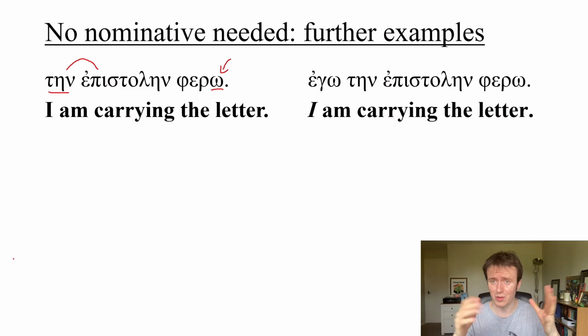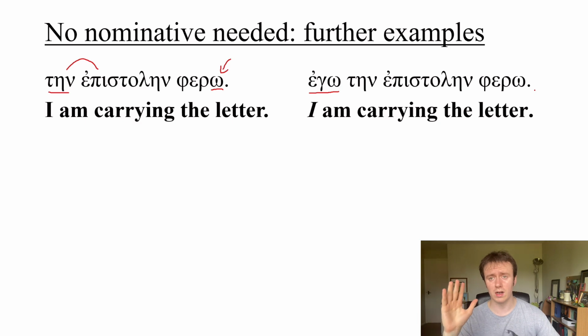When I say they, I mean Greek authors, of course. When Greek authors use these pronouns, the emphasis isn't always that clear. You know, it would sound unnatural to put the pronoun in italics every time one of these pronouns is used. But the point remains that you don't actually need this egō. To say I am carrying the letter, you don't need the word egō, meaning I. You can just say pherō, which means I carry or I am carrying.